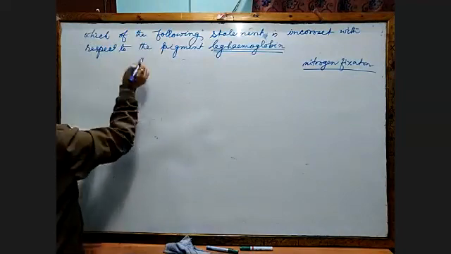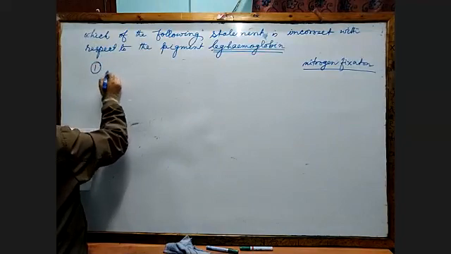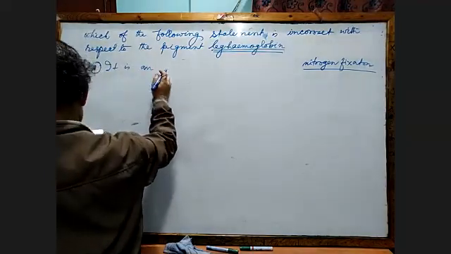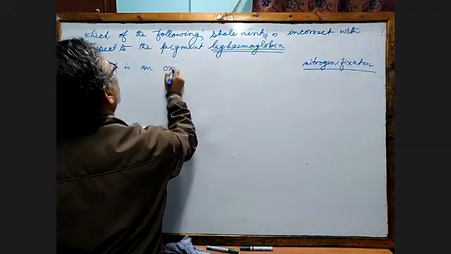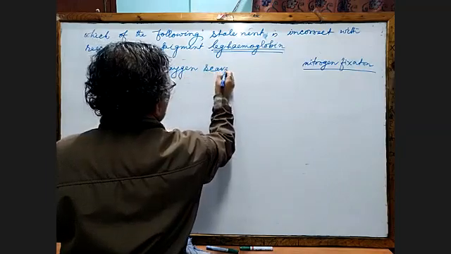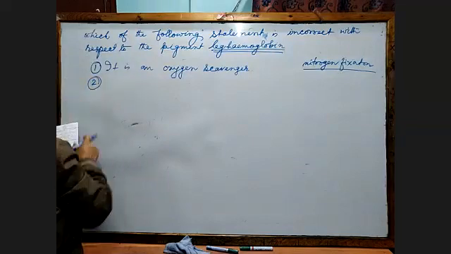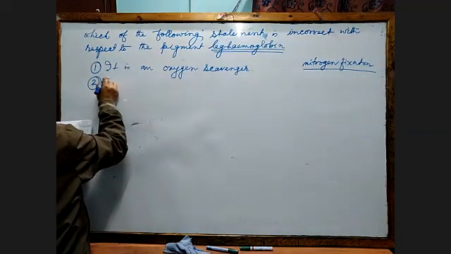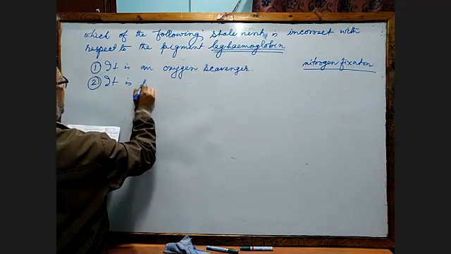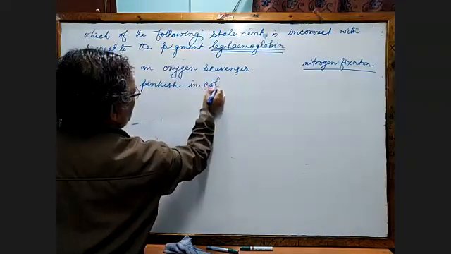So the statements are: number 1, it is an oxygen scavenger. Number two, it is pinkish in color.